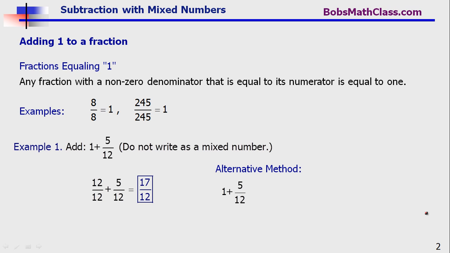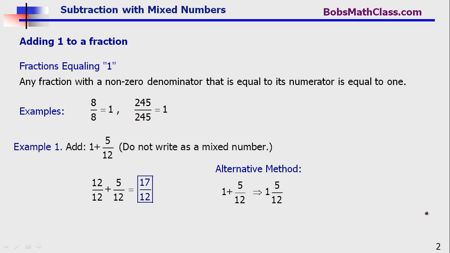Okay, now there's also an alternative method, and I kind of like this one a little bit more. 1 plus 5/12. Well, that plus really isn't even necessary. That's the same thing as the mixed number 1 and 5/12.